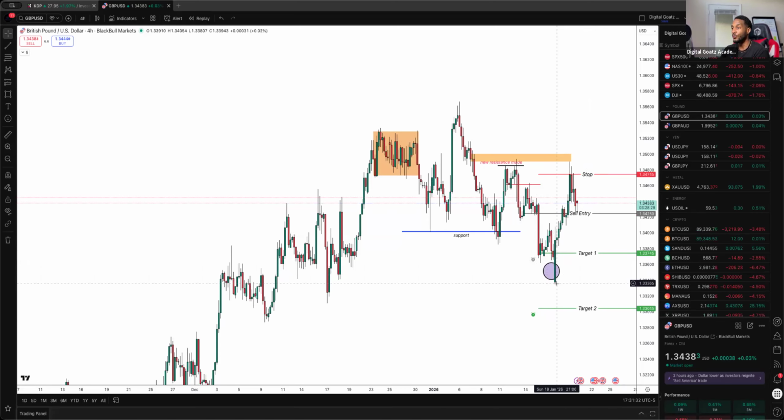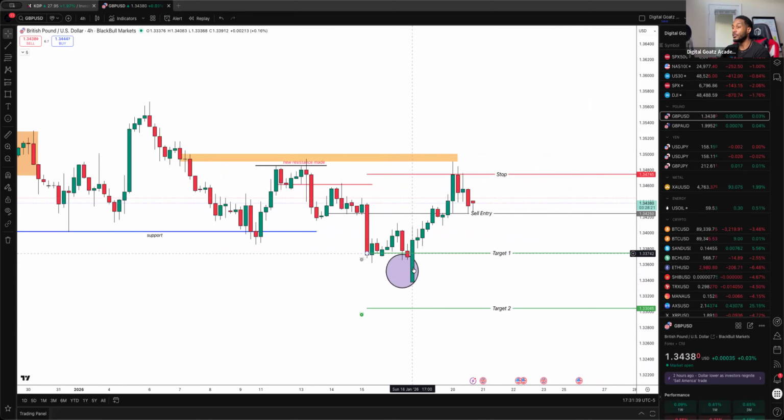Remember, in order to validate the buy or the sell, we need the market to either fill it with a candle or test it with the wick, and it didn't do either. So looking at this, it's definitely going to fill it. And because this is a gap, it's probably going to fill it 100%, which means it's going to blow through this area, hitting our second target again.